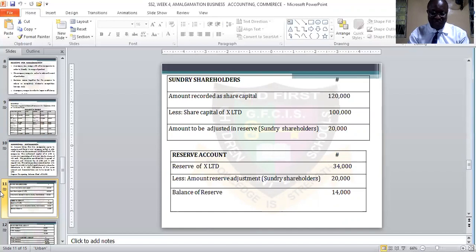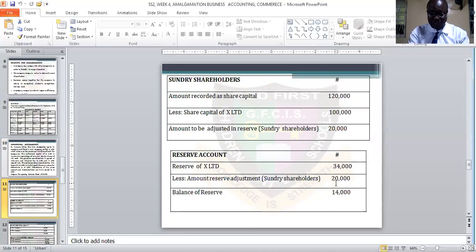Let us look at the reserve account. Under the reserve account, in the balance sheet we are given, if you can still remember, we are given 34,000 naira. So you are going to subtract from this amount given the balance we calculated from the sundry debtor, which is 20,000.